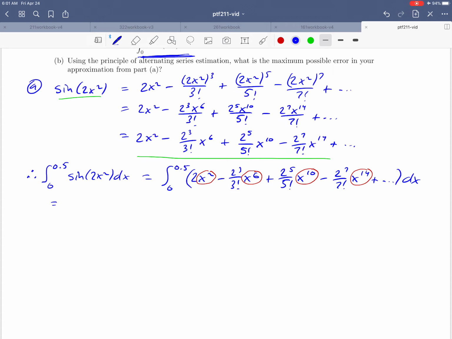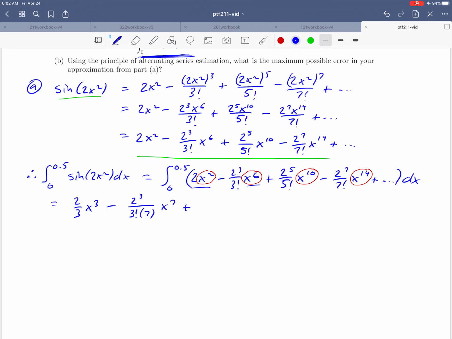If we do that, starting with the 2x squared, we're going to get 2x cubed over 3. So let's consolidate that and write it as 2/3 x cubed. Then what would the antiderivative of x to the 6 be? That's just going to be x to the 7 over 7. So we could rewrite that antiderivative as 2 to the 3rd over 3 factorial times 7, x to the 7.